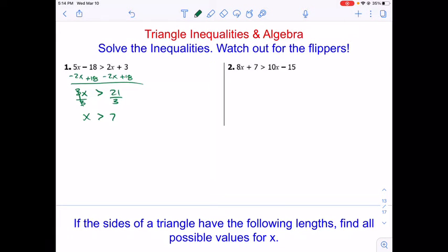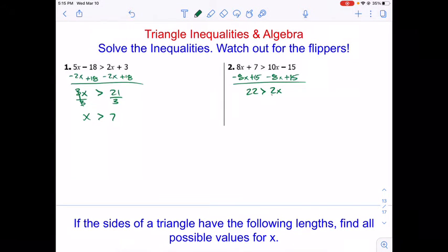Okay, so let's try this one here. As we do this one, we're going to bring the 8x over to the right, so we're going to subtract 8x. Nothing changes here. This gives me 2x. Now, since I brought the x's to the right, I want to bring the 15 to the left, so I'm going to add 15 to both sides. That gives me 22 is greater than 2x.